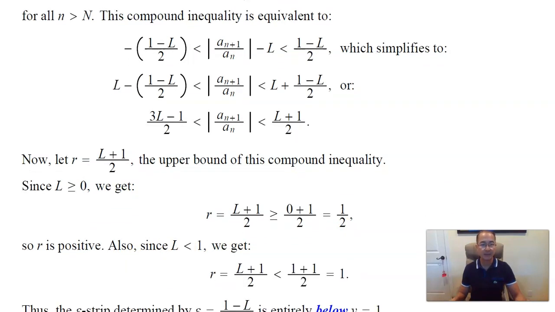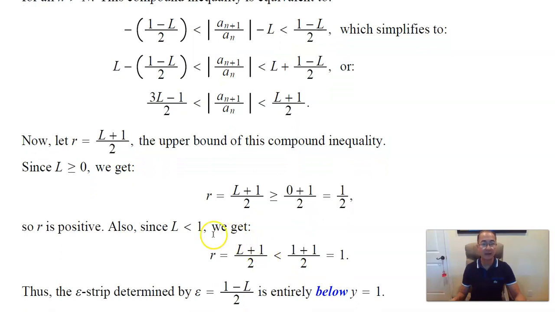But just as importantly, since L is smaller than 1, the limit is smaller than 1. When we take (L plus 1) over 2, L is smaller than 1, so L plus 1 is smaller than 1 plus 1, so (L plus 1) over 2 is smaller than 2 over 2, which is 1.